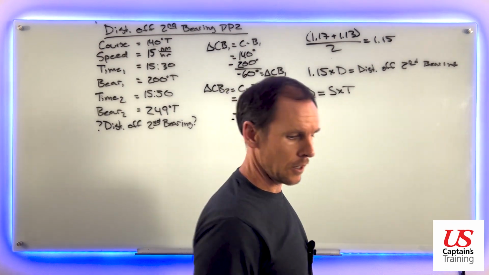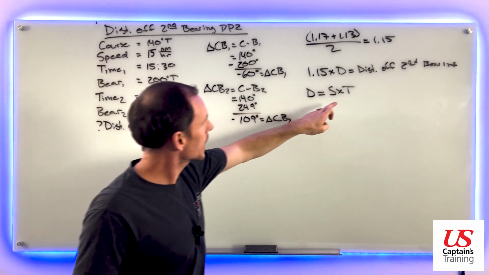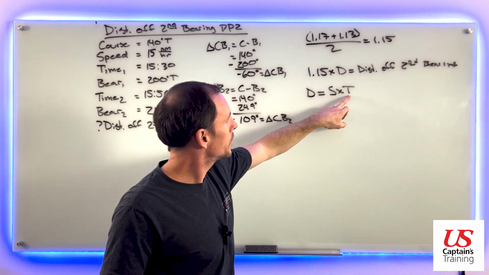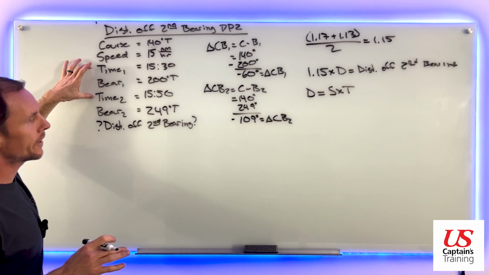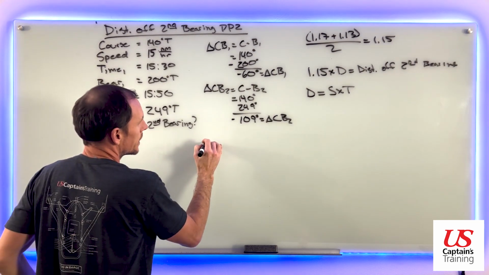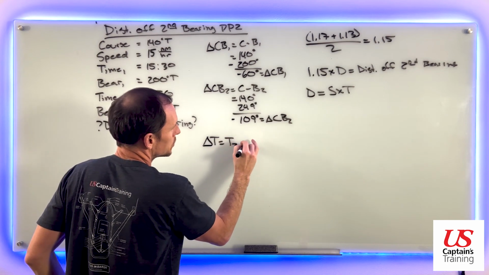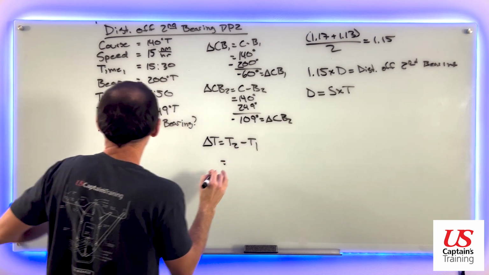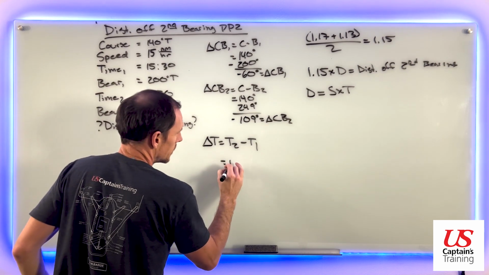We have a speed, don't we? 15. What about our time? We don't have a direct time, but we have 2 times, and we can find the difference. So we can say we need to find the change in time, which is equal to time 2 minus time 1. Time 2, 15 hours and 50 minutes.